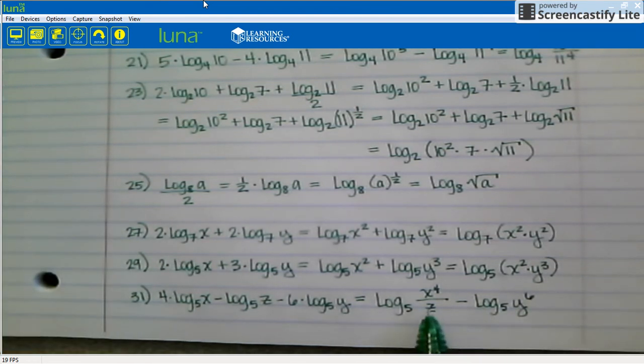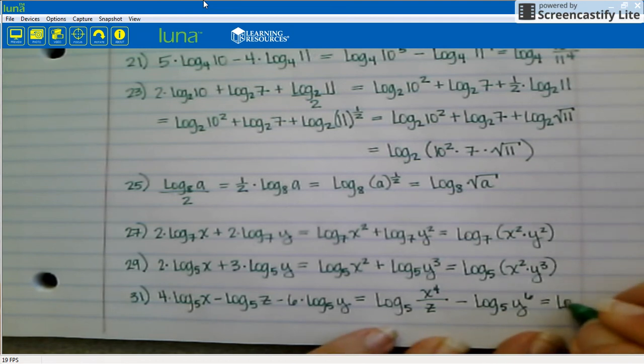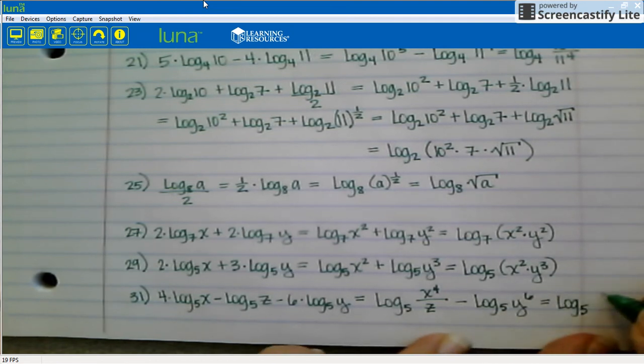Well, that means I have to divide this whole thing by y to the 6th, which means I'm going to have both z and y to the 6th in the denominator of my quotient. So when I rewrite this, this becomes log base 5 of x to the 4th over y to the 6th times z.